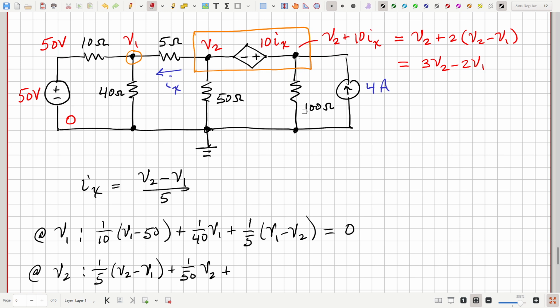And now this current, what is this voltage right here? We said it's 3V2 minus 2V1. That over 100, so 1 over 100 times 3V2 minus 2V1. And then finally this current, it's 4 amps coming in, so it's minus 4 amps going out. And that's equal to 0. So those are our equations.